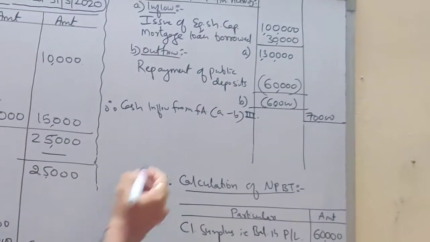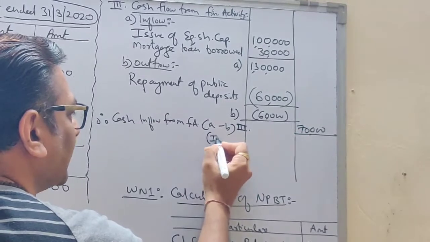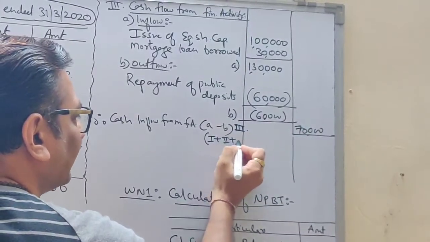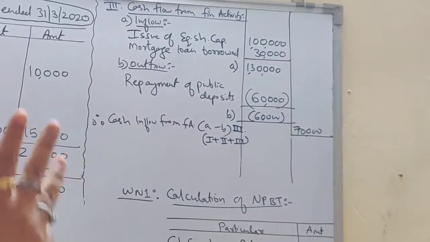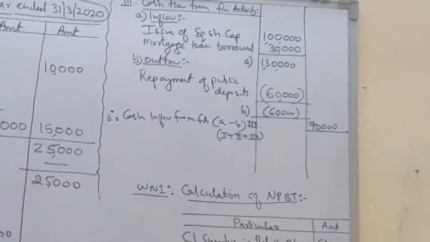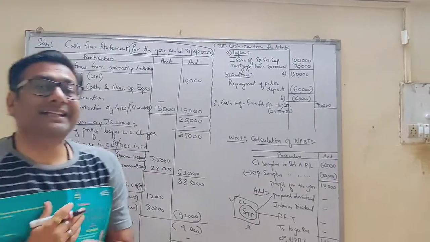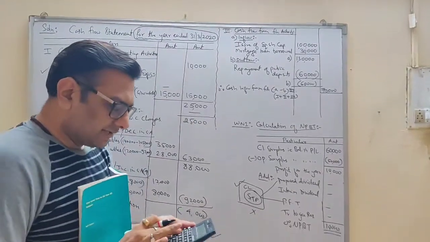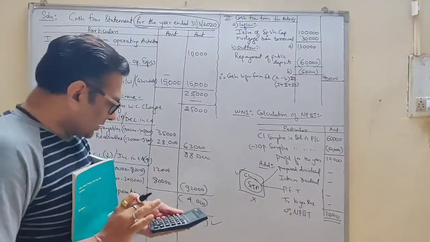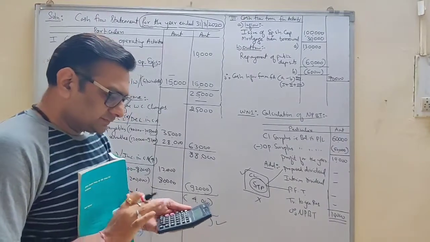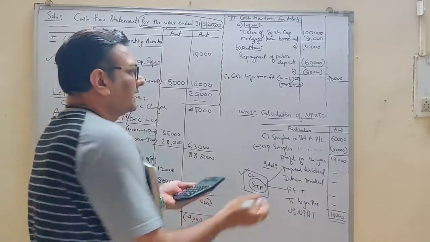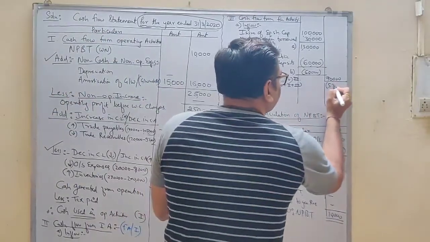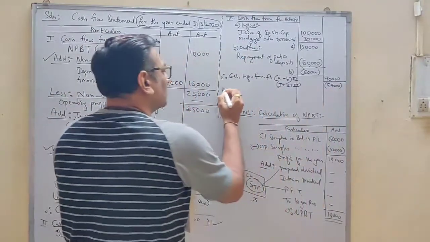So basically you have to add all the three activities, operating plus investing plus financing. But I'm not going to add. Why? Because my operating activity and investing activity are negative, so I will minus. So your answer is negative 57,000.